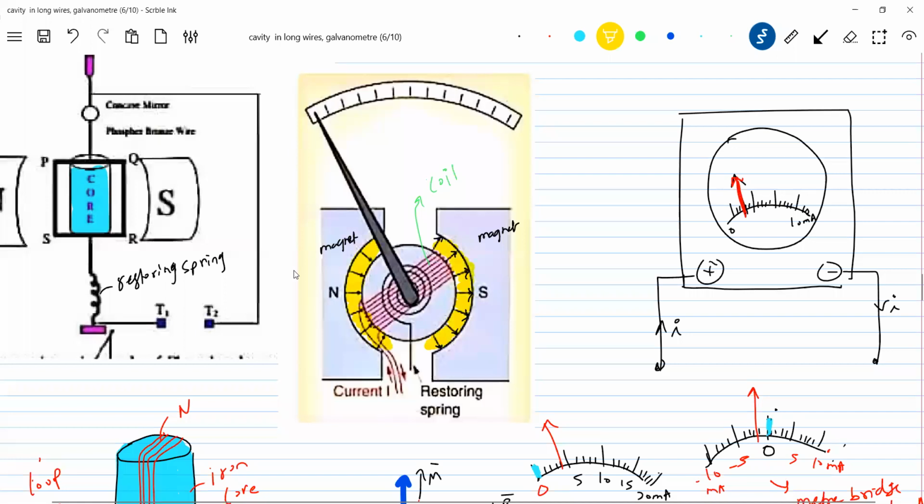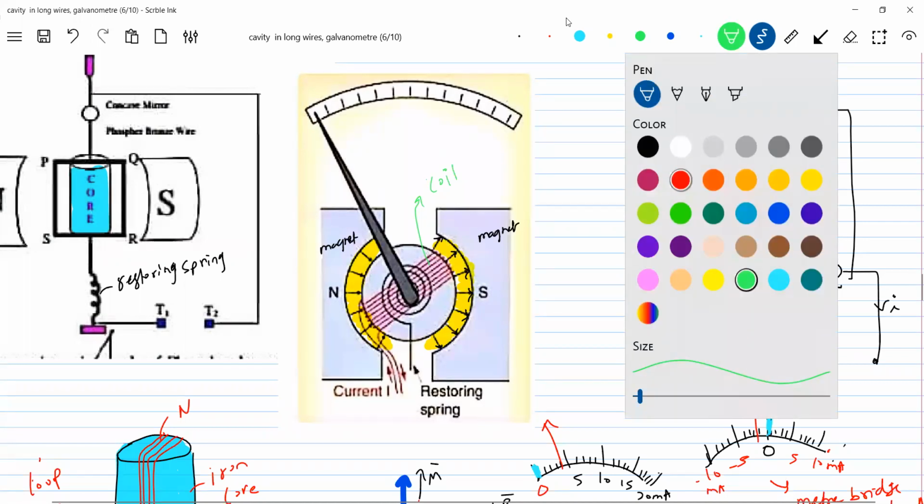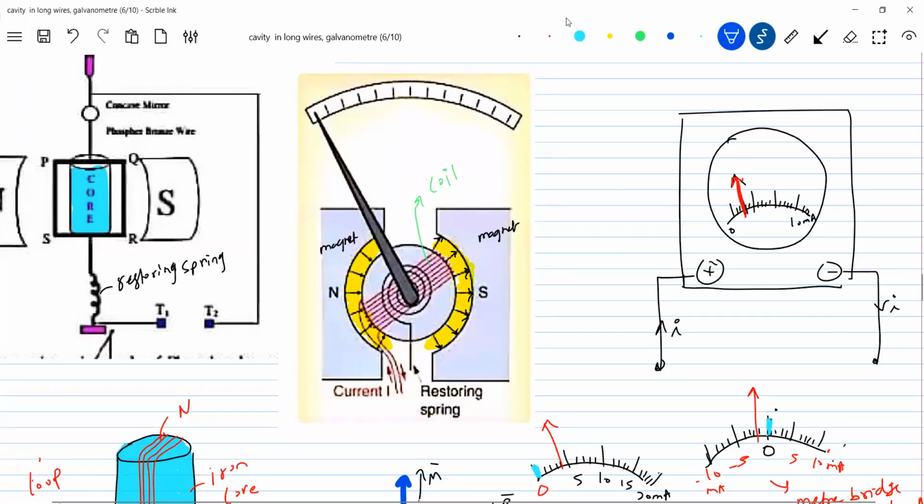In any position, see how M bar and B bar will be directed. So I'm showing the M bar direction here. As the loop rotates, for all the positions, M bar will be perpendicular to B bar, because B bar is tangential to the loop.